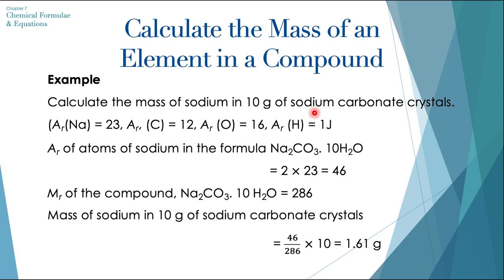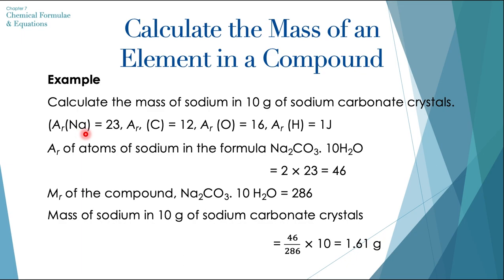So how do we do this? You might be like, oh my god, this is going to be really complicated or really tricky or something that's really difficult. I used to think the same way when I was learning. But now I think that it's just a piece of cake once you memorize this stuff. So, what do we do first? First of all, you need to take out all of the atomic masses of all of the elements in sodium carbonate crystals.